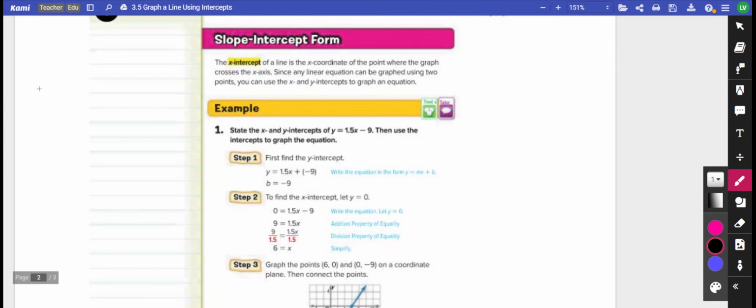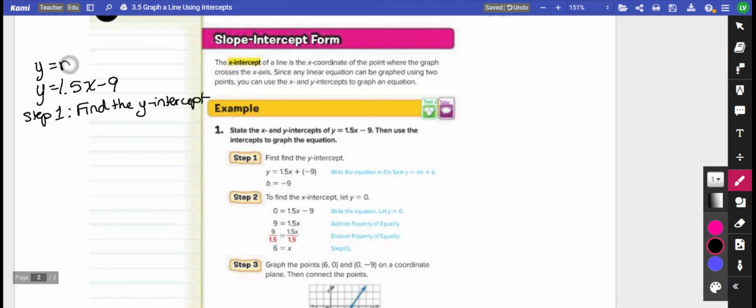So over to the left, I'm going to write y equals 1/2 x minus 9. Step 1, we're going to find the y-intercept. Well, this equation is written in slope-intercept form, y equals mx plus b.